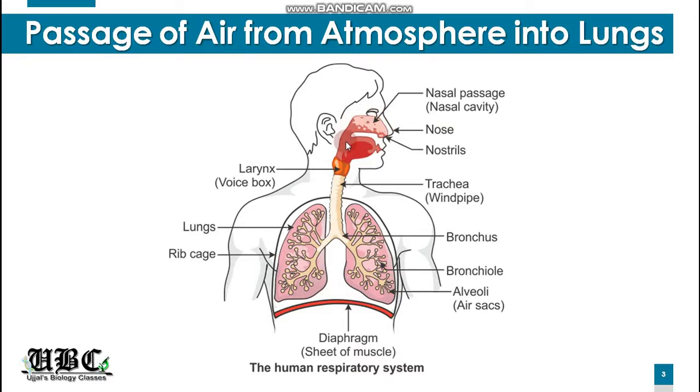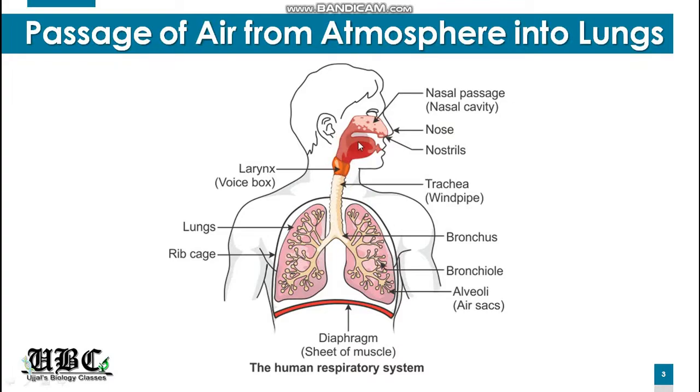When air passes through the nasal passage, the dust particles and other impurities present in it are trapped by the nasal hair and mucus, so that ultimately clean air can go into the lungs.